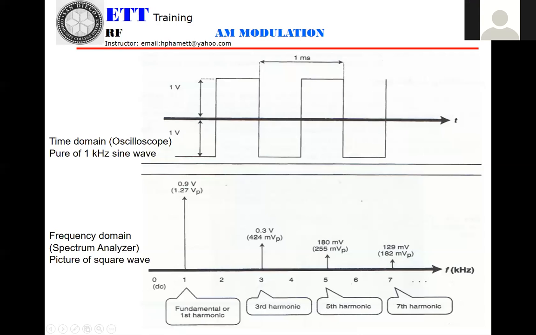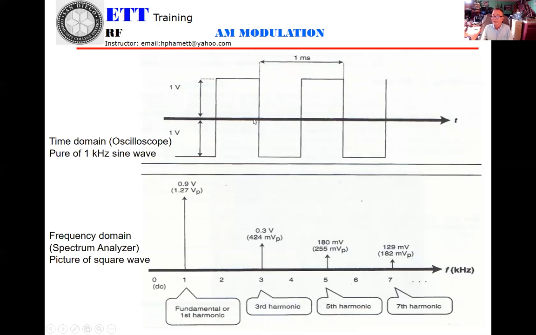Now we're talking again about the time domain and the frequency domain. You already know the time domain: that's the oscilloscope. Now you get the square wave at 1K. That's only one frequency; you can get another frequency.